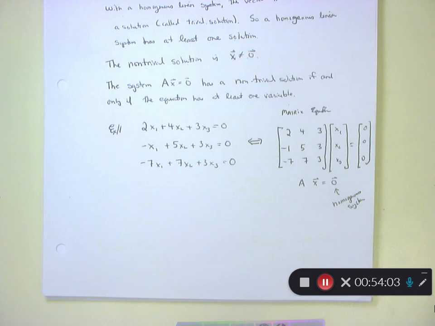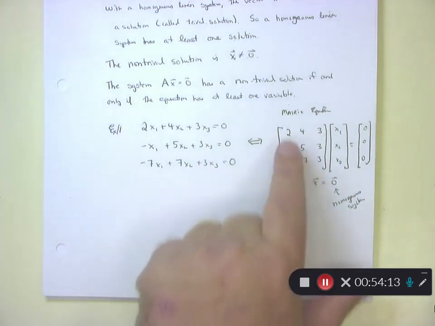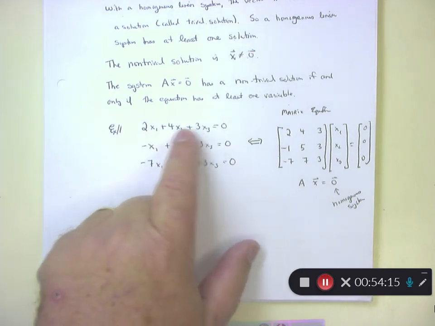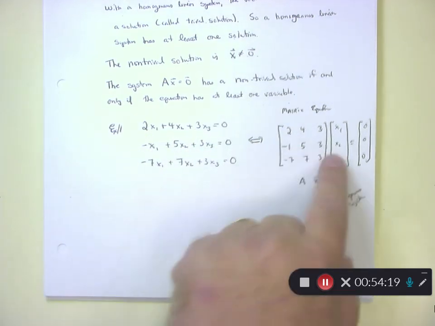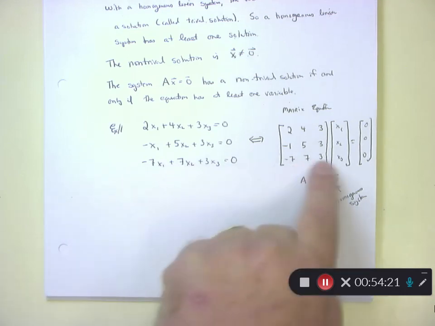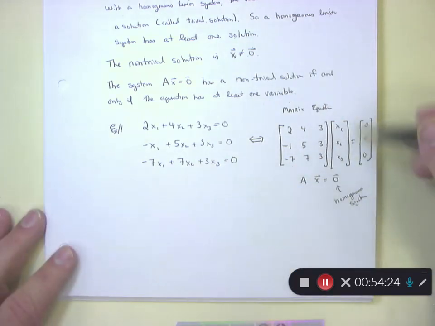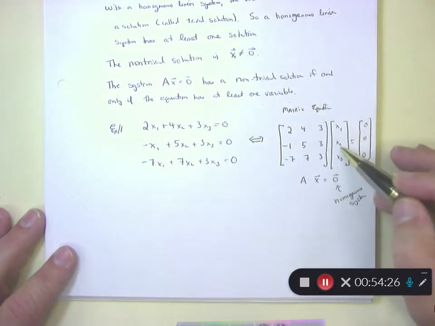Now, if you go from here, you're going to write it as an augmented matrix, right? Well, first off, I'm going to write it as a matrix equation. Then I'm going to write the augmented thing here. Matrix equation. So what is this? 2, 4, 3, coefficient matrix. Negative 1, 5, 3, negative 7, 7, 3, multiplied by the vector x1, x2, x3.